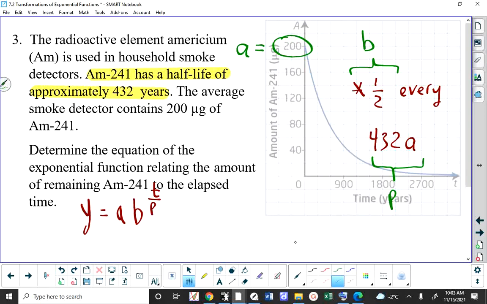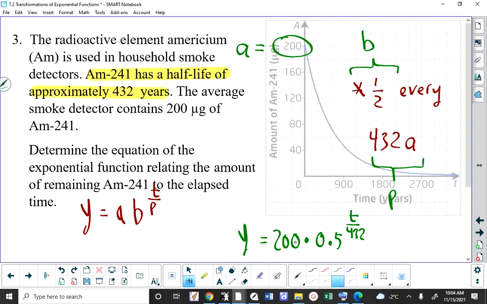Initial amount means what you start off with. And that means the answer to this question is y equals 200 grams times 1/2. I'm going to write it as 0.5 raised to the t over 432. That's it.